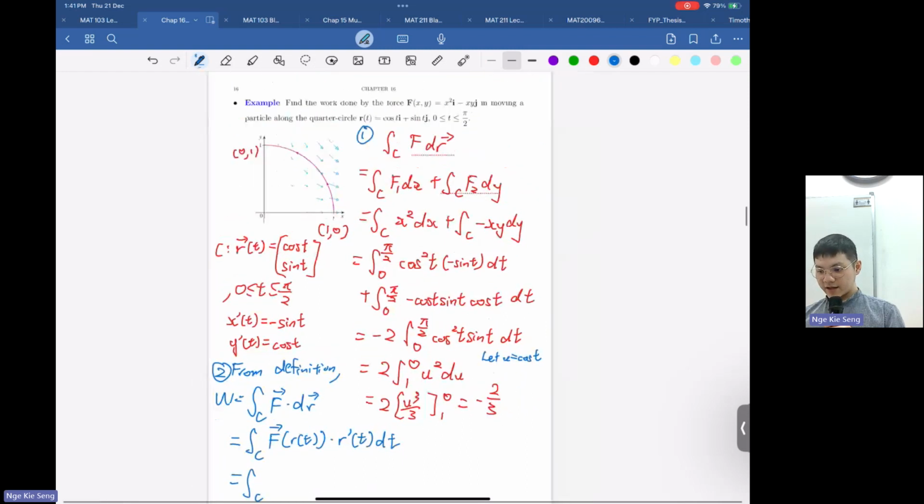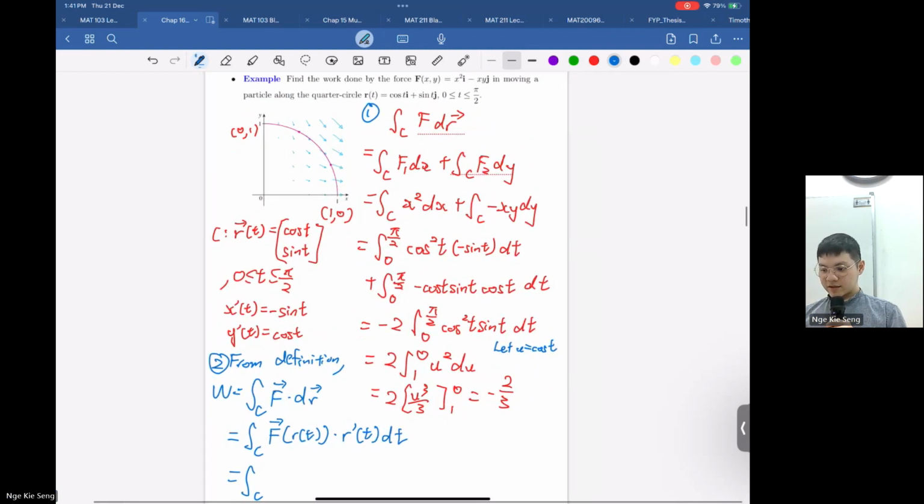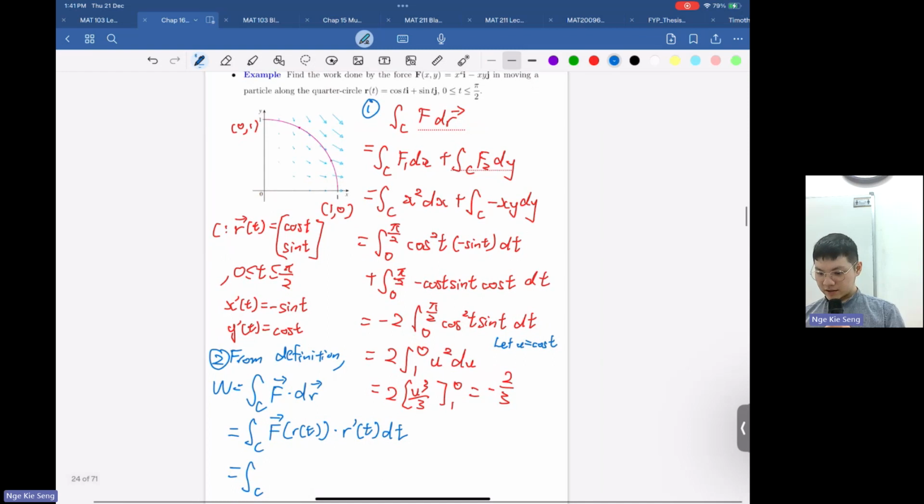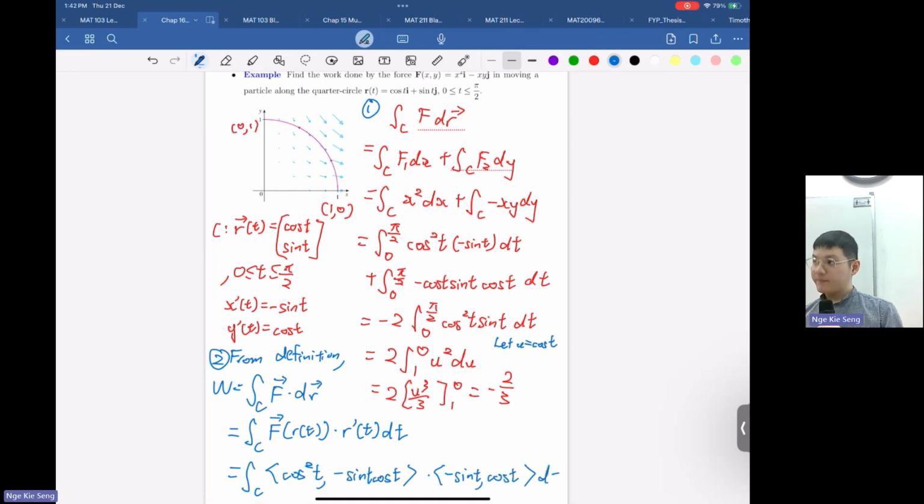So your F is x squared minus xy. So you have x squared, cos squared t, minus xy, minus sine t cos t, dot with r prime t. Okay, r prime t is what? Minus sine t, cos t, dt.